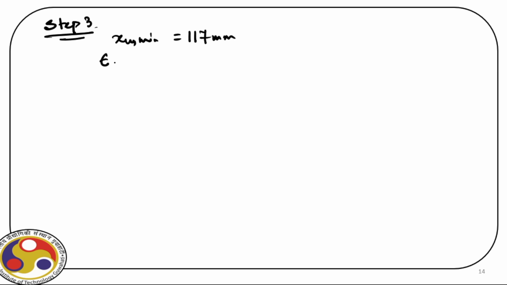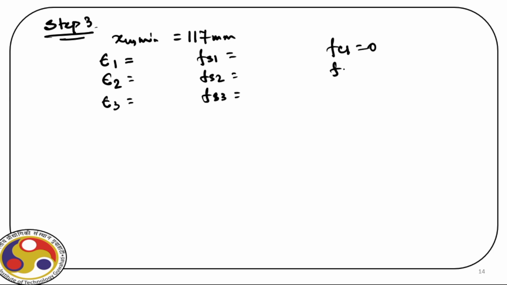So you have to find out epsilon 1, epsilon 2, epsilon 3, corresponding Fs1, Fs2, Fs3, and obviously FC1 equal to 0, FC2 equal to 0, and FC3 you have to find out.